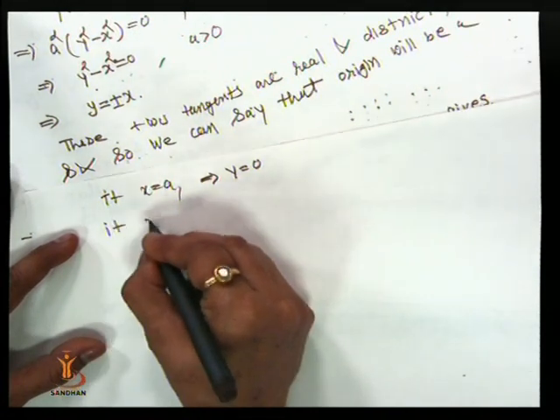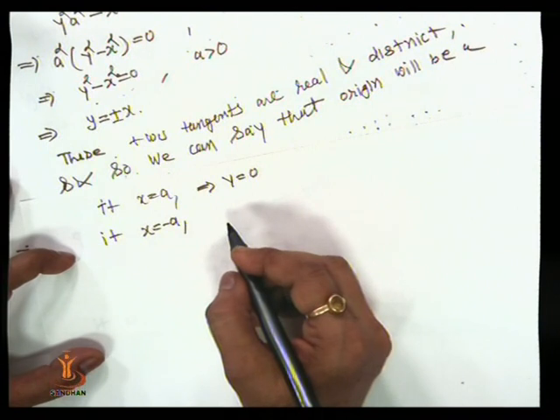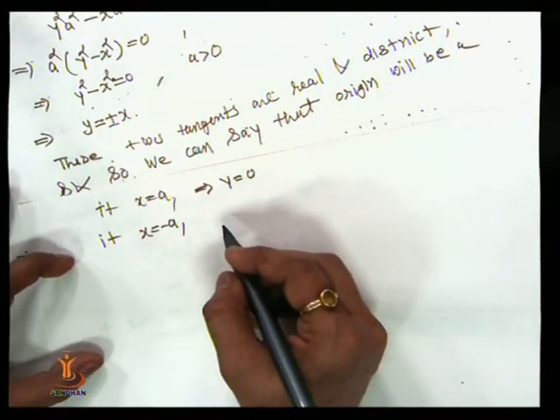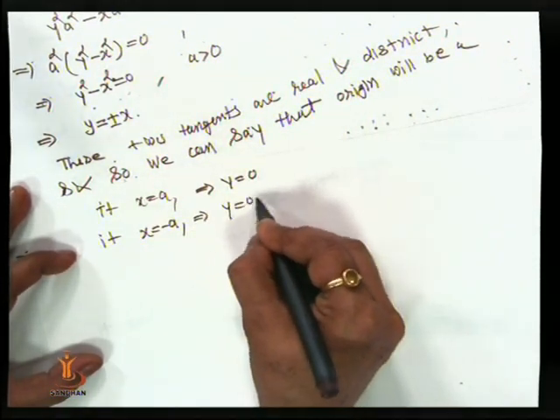If we put x equal to minus a in the given equation, again this will give you y equal to 0.